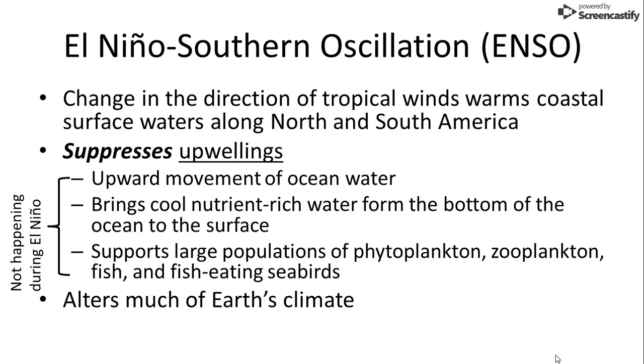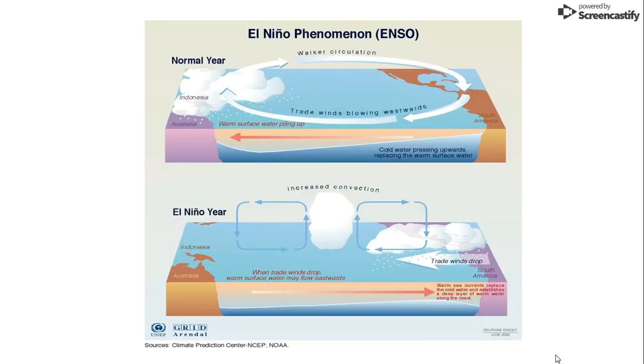Instead, that water sits there, and you have warm water sitting up against the west coast of North and South America, and the upwelling is not able to happen. That nutrient-rich water doesn't come up, the phytoplankton doesn't get fed, and we have a major drop in fish stock, and then up and up the food chain. So it does alter Earth's climate a lot.